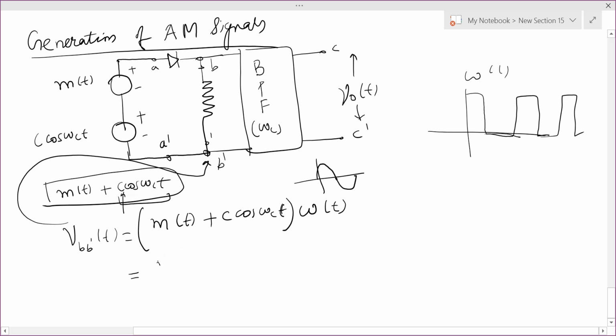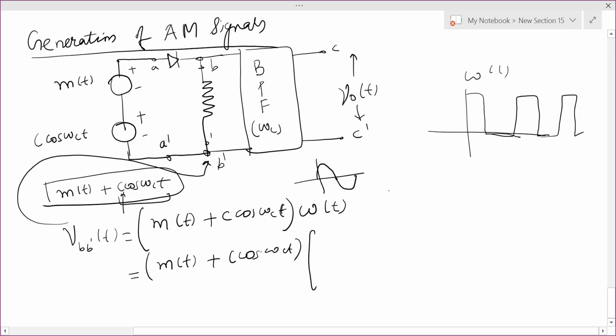Okay, now you know that since this on off is happening periodically at the same frequency as the carrier signal, this on off can be represented by a Fourier series.